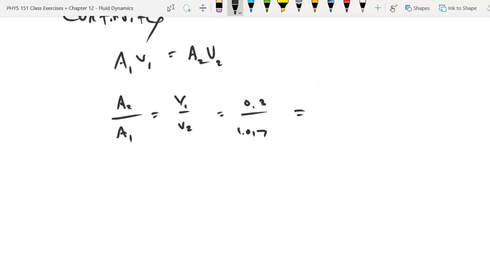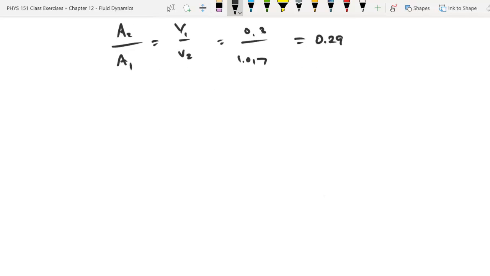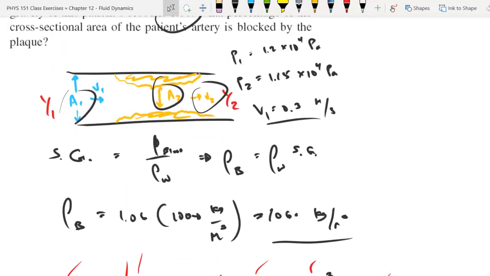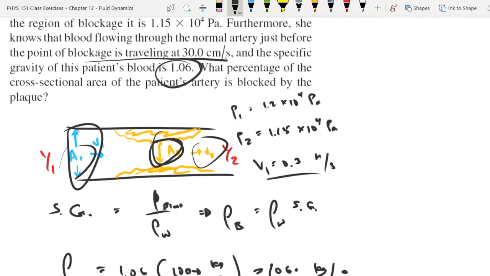And so this is equal to 0.29. So this is saying that area 2 is only 0.29 of area 1. So only 29% of area 1. Basically, this area when it's clogged is 29% of the area when it's not clogged, or it actually asks us to find out the percentage that is blocked, right?